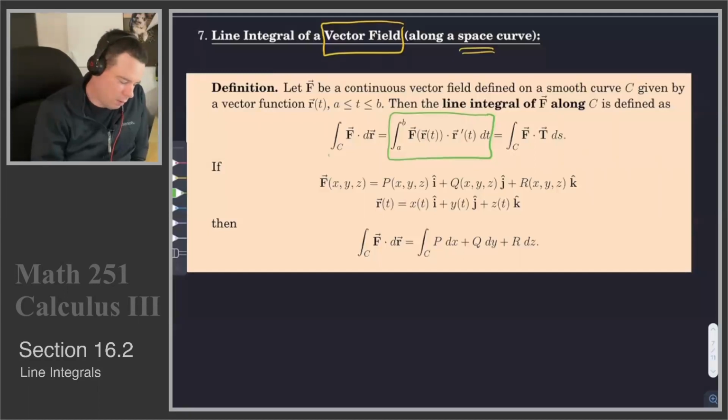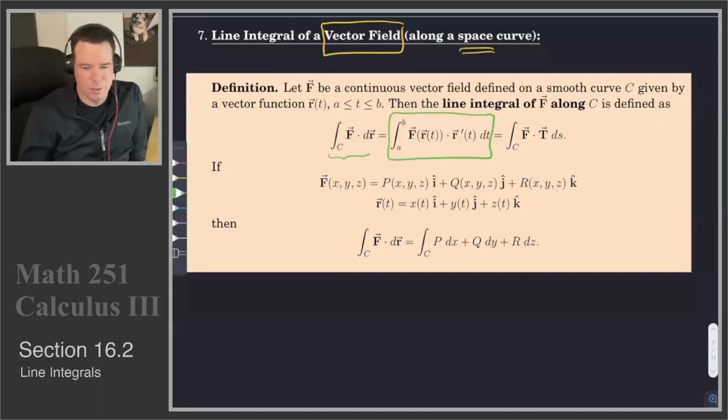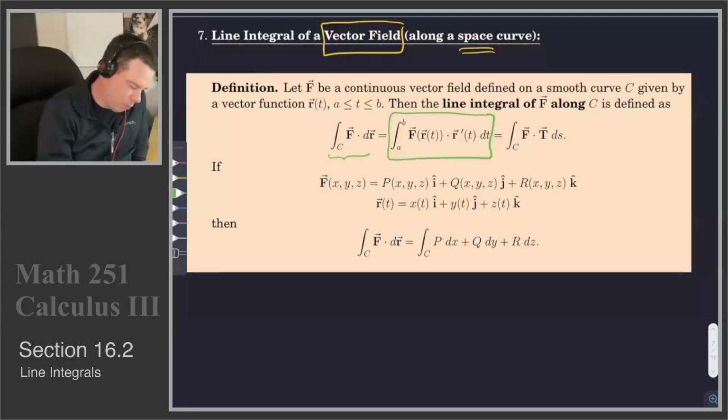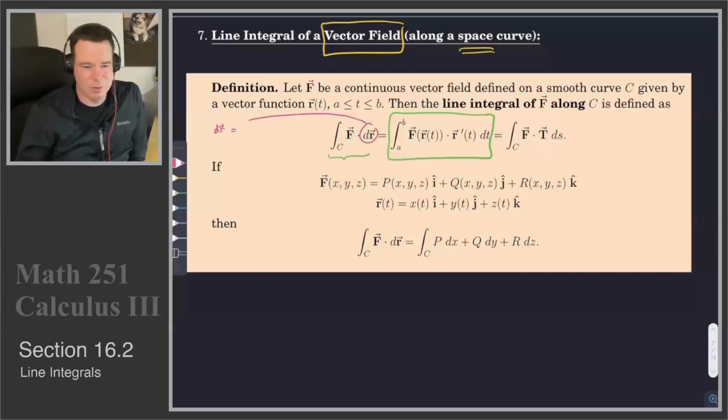This previous one is just shorthand for it, where we're using dr as a shorthand notation. So this is d of a vector, a differential of a vector.